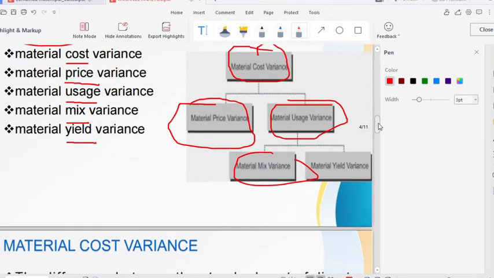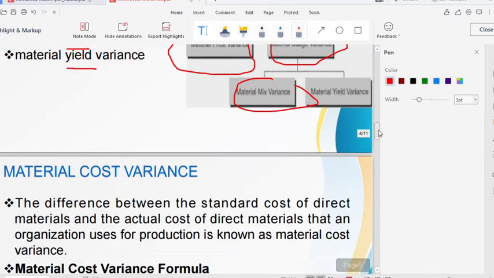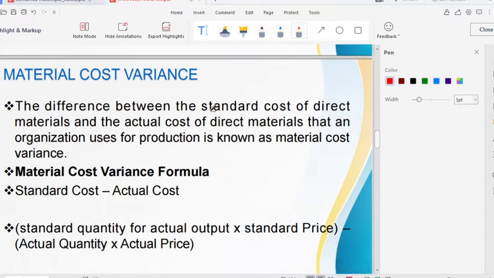So let us see the formula for each category of the variances. The first one is material cost variances. The difference between the standard cost of direct material and the actual cost of direct material that an organization uses for production is known as material cost variances. See students, whatever we think, for example, I thought that I'll be getting 149 in costing.